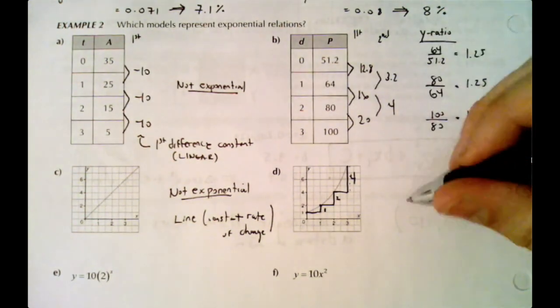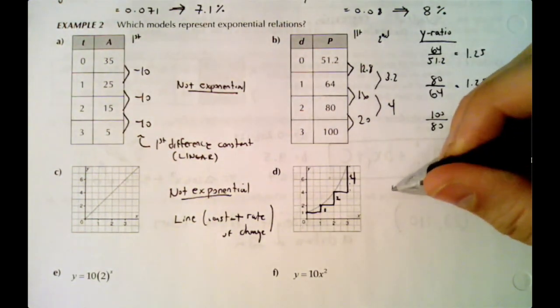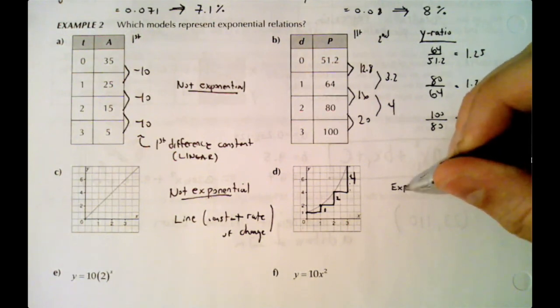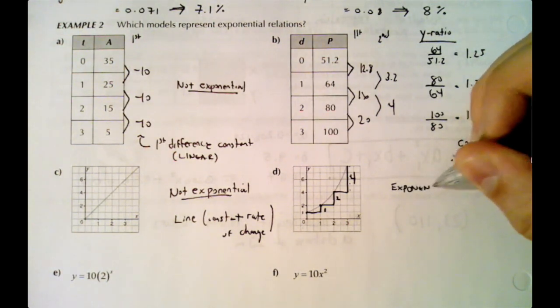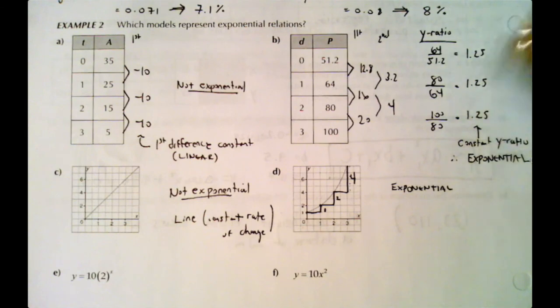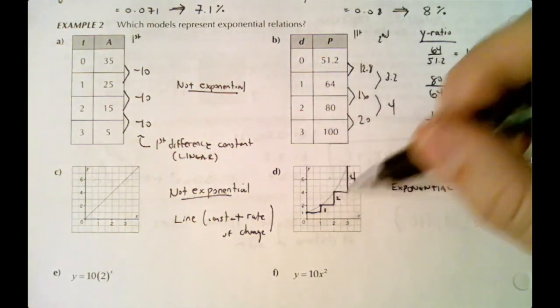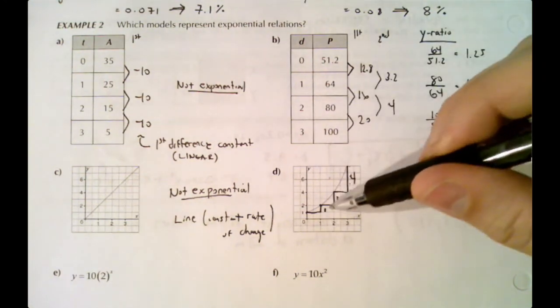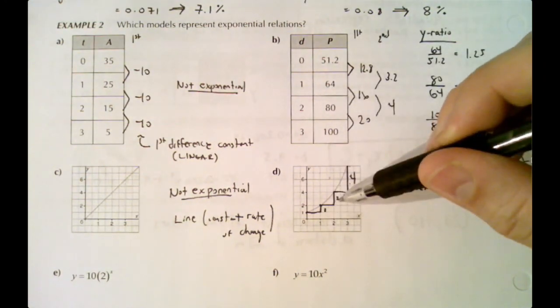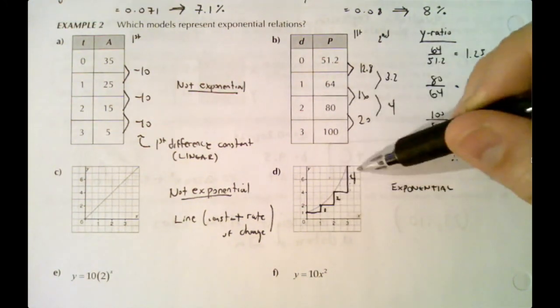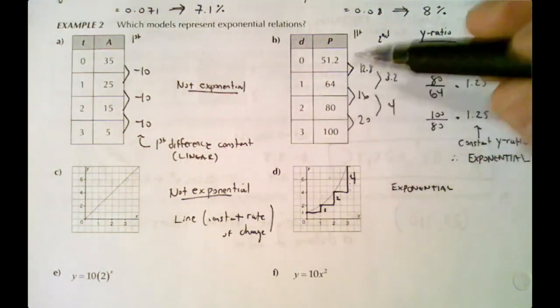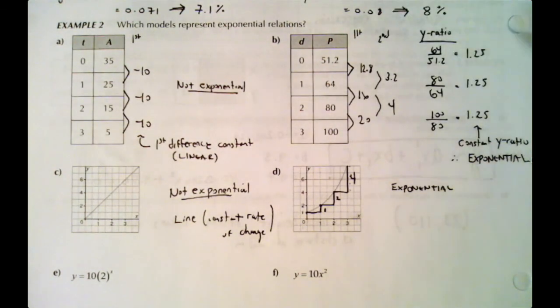So this is an exponential model, and you might be asking why. The reason is because the steps keep getting bigger by a multiple. 1 times 2 is 2. 2 times 2 is 4. The next step we would expect would be 8. The next step, 16. Because these numbers are getting bigger by a multiplier, that makes it exponential.